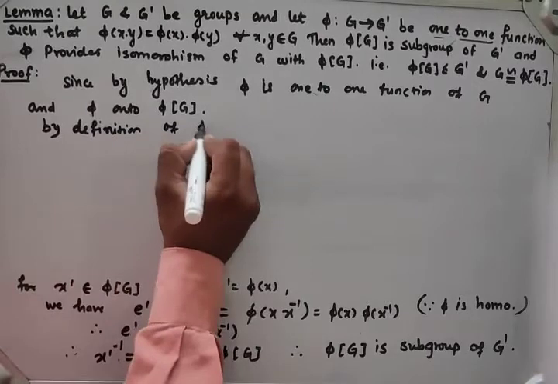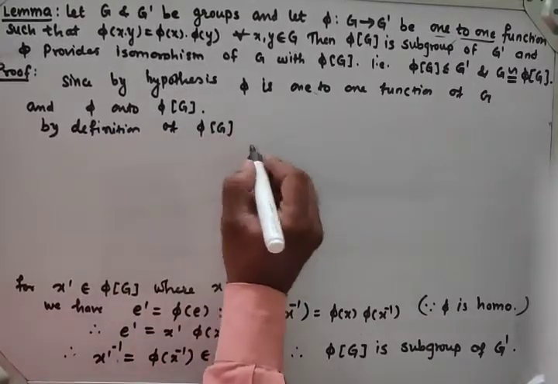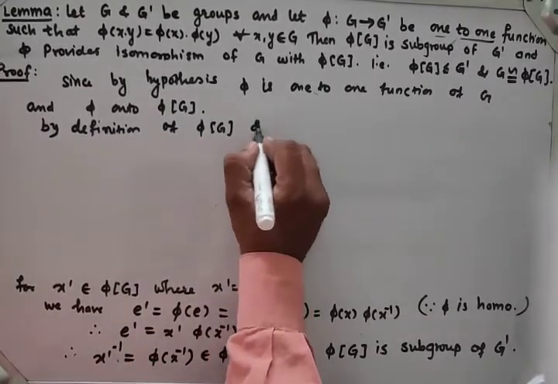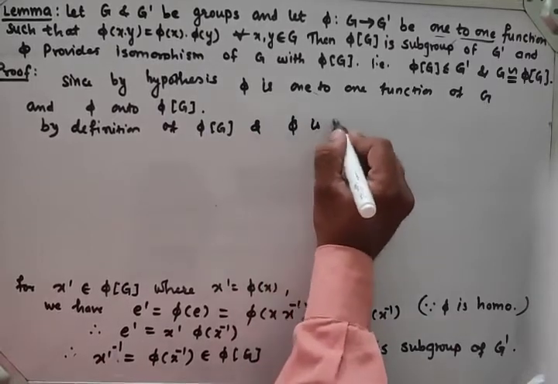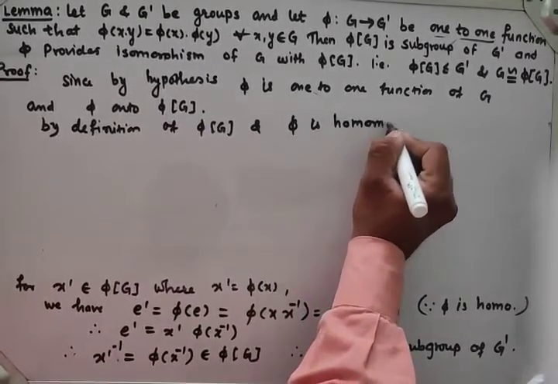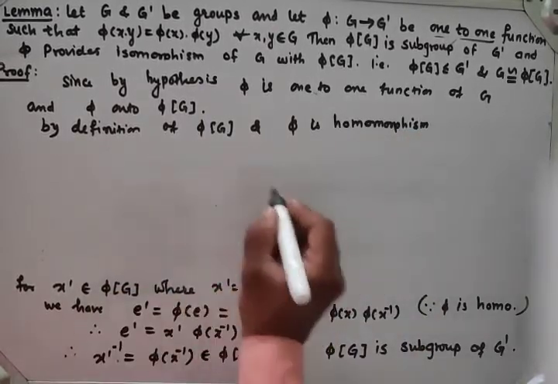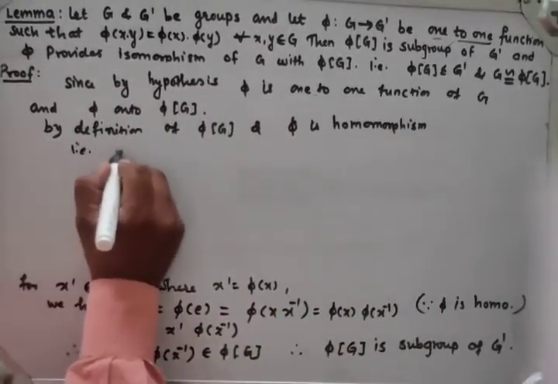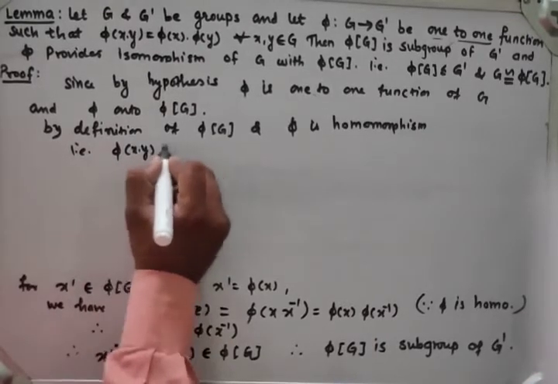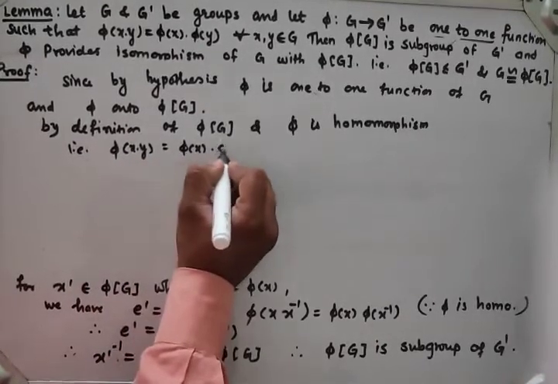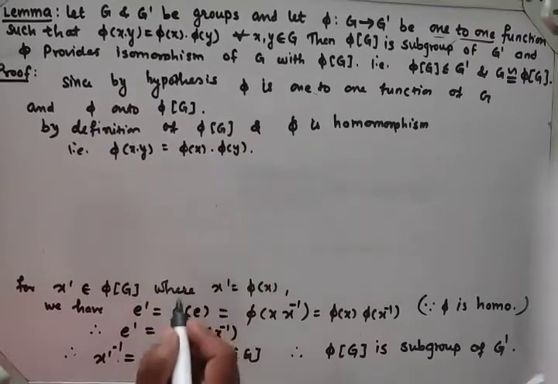So therefore by definition of phi of G, and phi is a homomorphism, that is phi of x into y is equal to phi of x into phi of y.